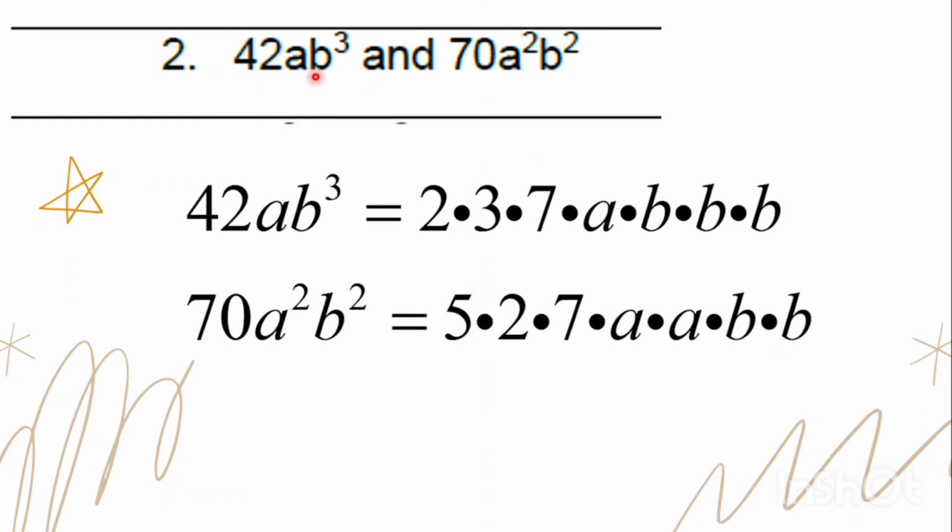Now to find the GCMF, or the greatest common monomial factor, we will just find the common factors here.